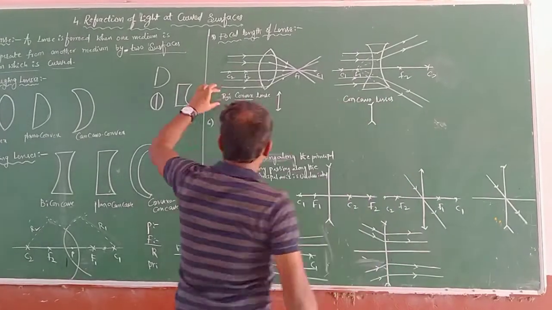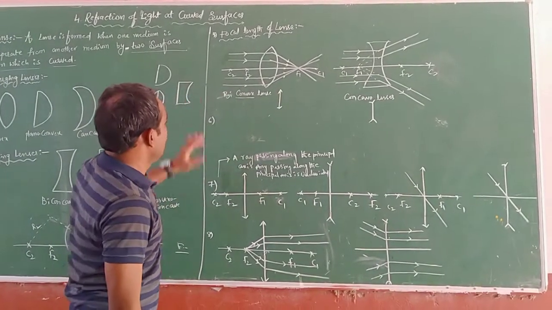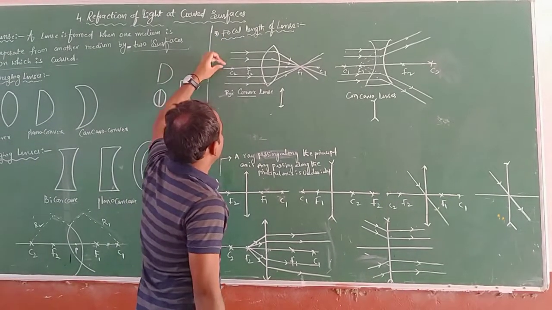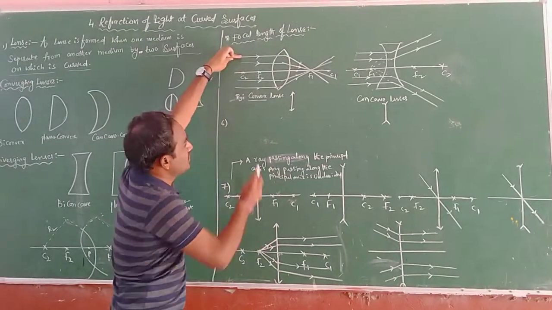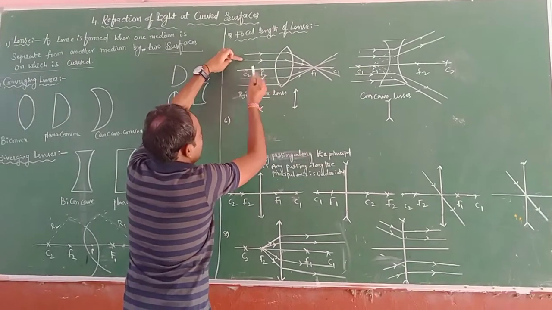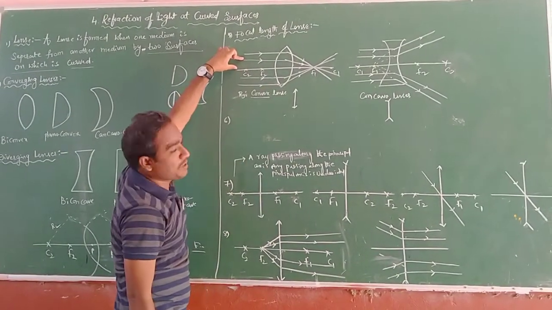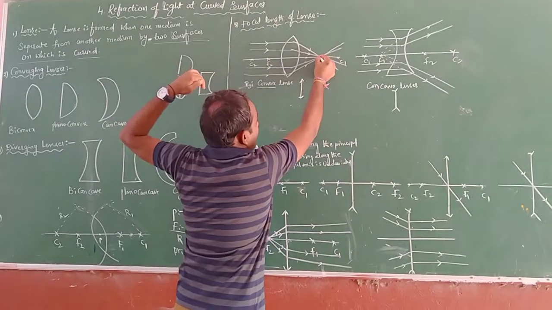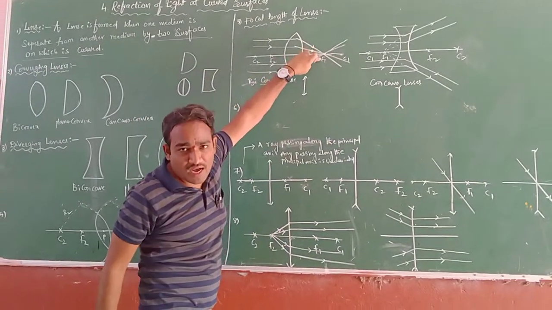So for a biconvex lens, if any ray passes parallel to the principal axis, after the refraction it bends towards the normal.